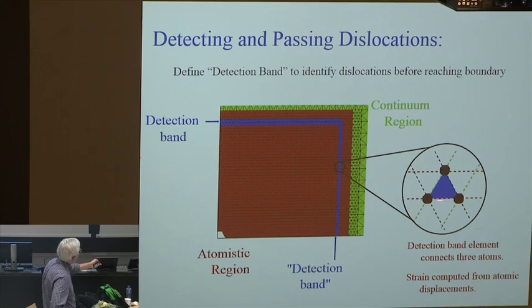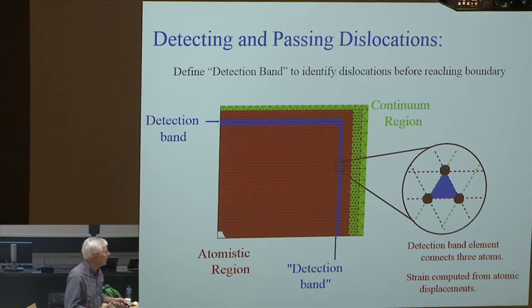So if I look at this little thing and think about it as an element, like in finite elements, it's 3 atoms, but I can think about it as an element. If it shears in one of these directions, so that this atom moves to here or this atom moves to here, it has something like 100% strain. I know a dislocation has gone by if this thing gets sheared along one of these planes.